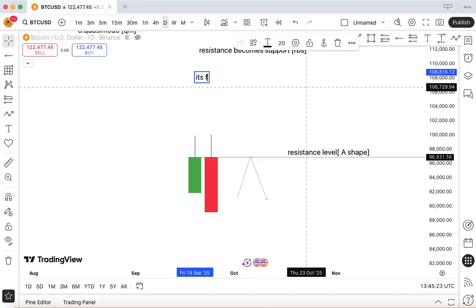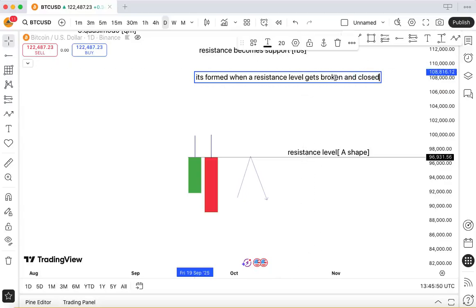It's formed or it's created when a resistance level gets broken or breached. And see, this is crucial. Closed. Okay. And the candle has to be like this.